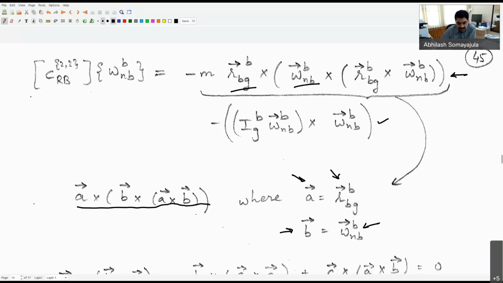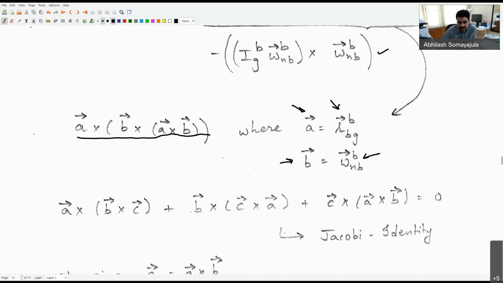Now I want to simplify this cross product. In order to make a simplification, we will use what is called the Jacobi identity, which states that for any three vectors A, B, and C, A cross B cross C plus B cross C cross A plus C cross A cross B is equal to 0. And this basically comes from your linear algebra and vector spaces.